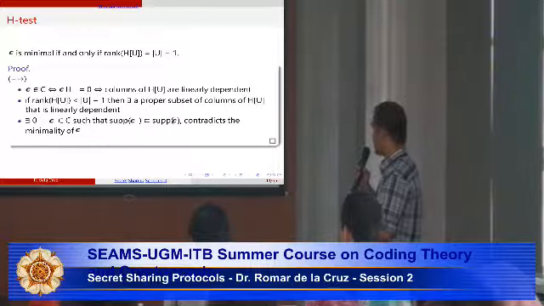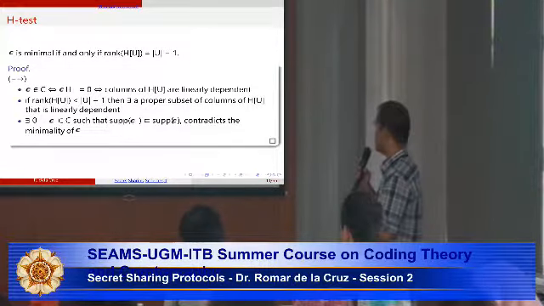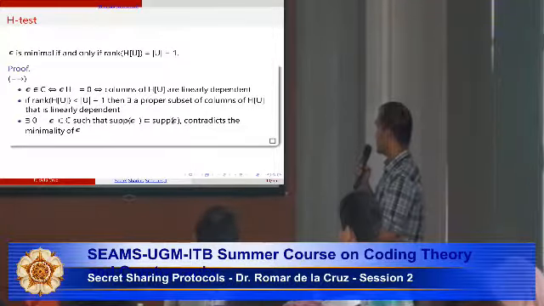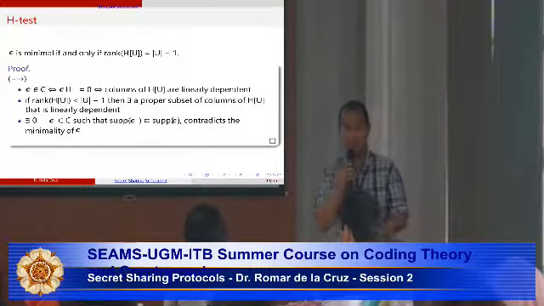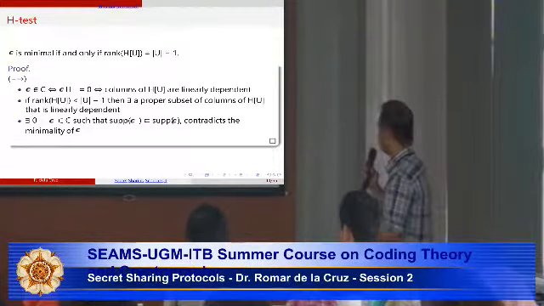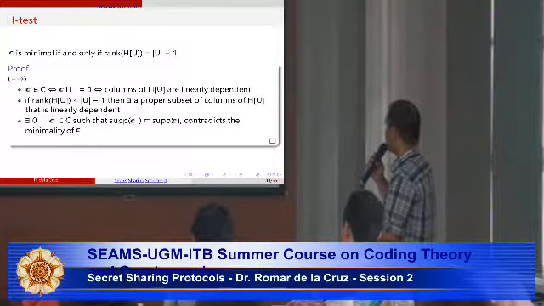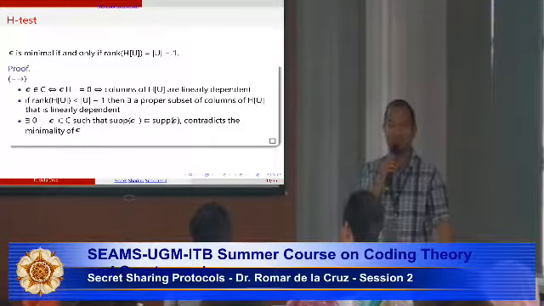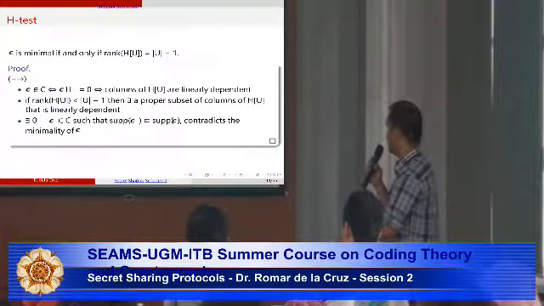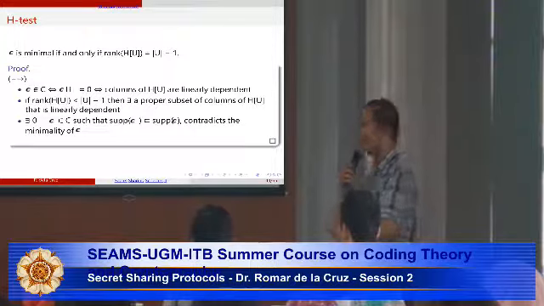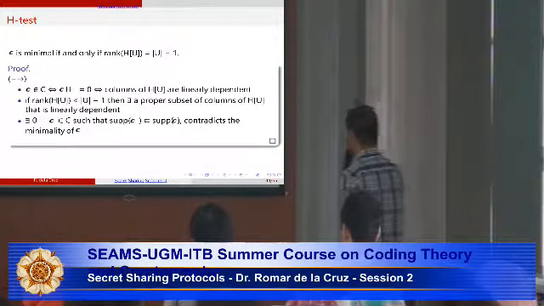Now, if you take a code word of C, it satisfies this property: C times the transpose of H is 0. This is equivalent to saying that the columns of this matrix are linearly dependent, because this is a non-trivial linear combination of the columns of this matrix.